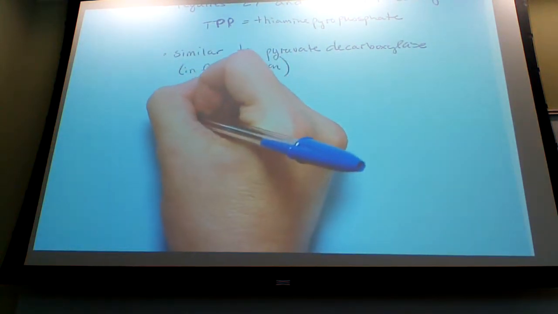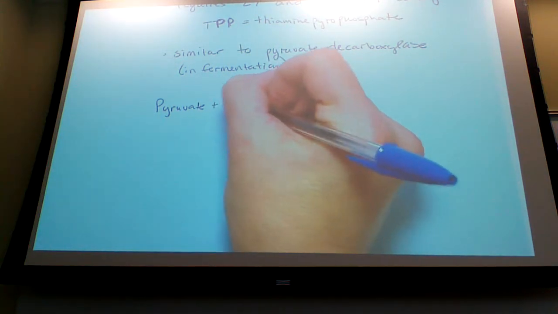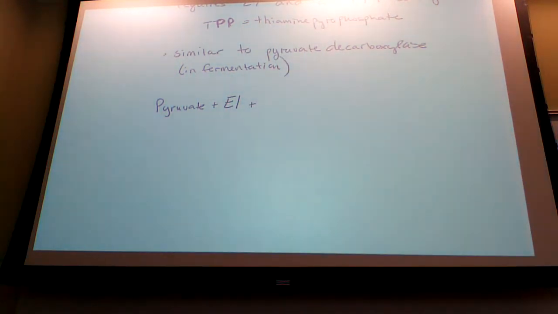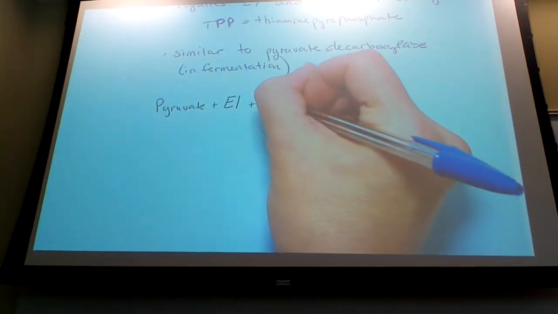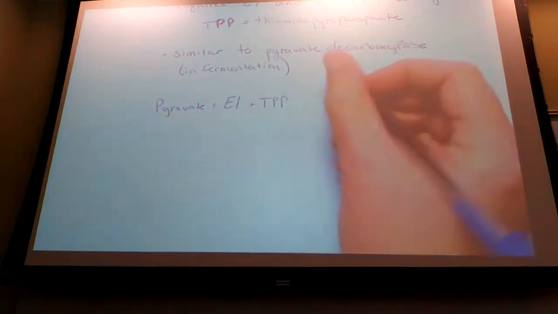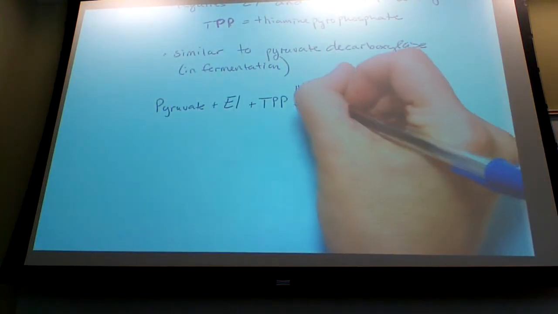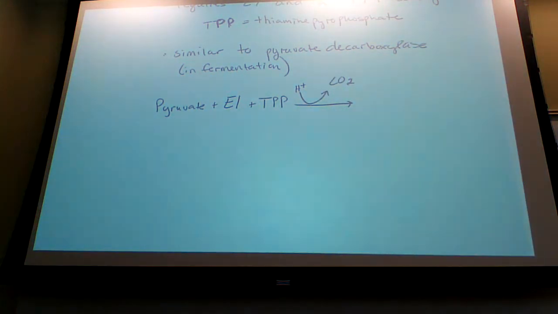And so now we're going to have a pyruvate plus an E1, plus the coenzyme. To balance, you have a proton that comes in, carbon dioxide is going to leave.